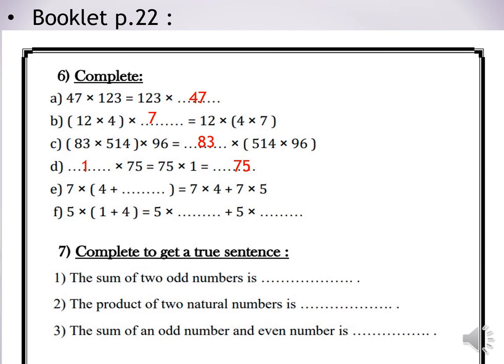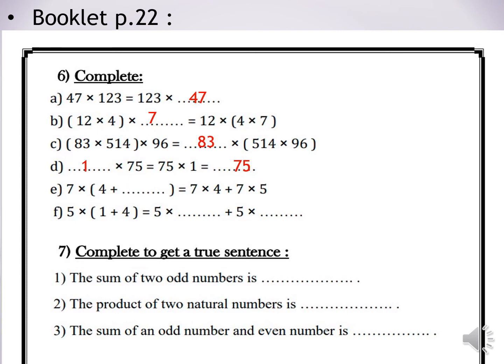In letter E, 7 multiplied by (4 plus what) equals 7 times 4 plus 7 times 5. This is the distributive property. It's clear because I have multiplication and addition signs at the same time. So I just distribute 7 among 4 and the second number.